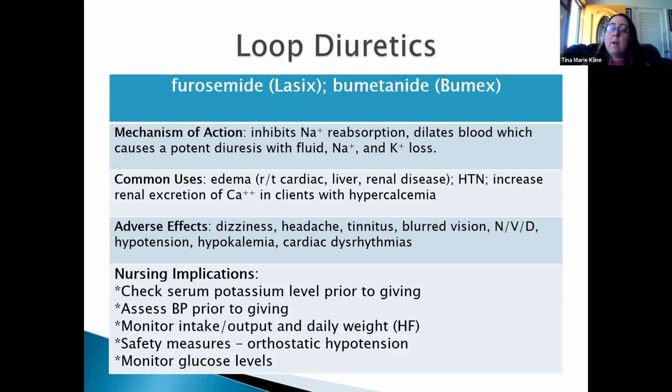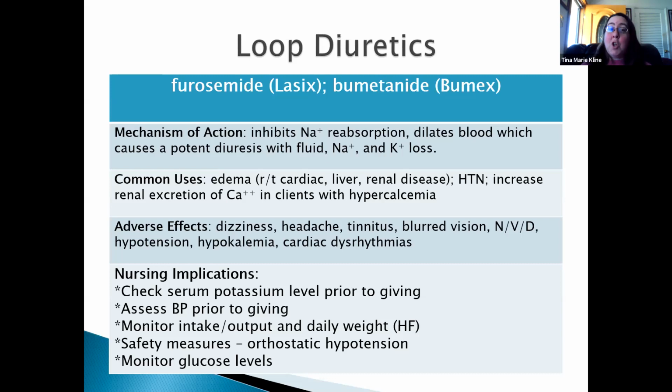So we want to know what that serum potassium level is. Now, certainly if we're giving something IV, that potassium level is going to drop much more quickly. If we're giving it PO, we can usually manage that potassium loss with diet modifications. So somebody on a loop diuretic needs to know foods that are high in potassium because we want them to consume those foods, okay?